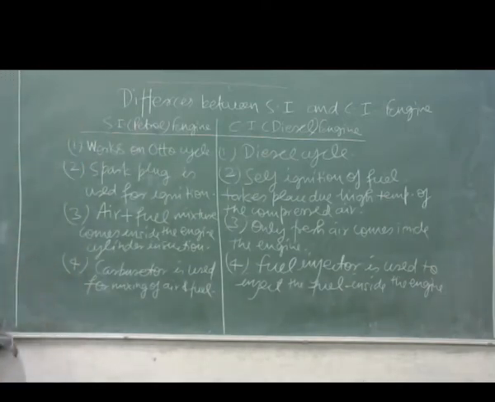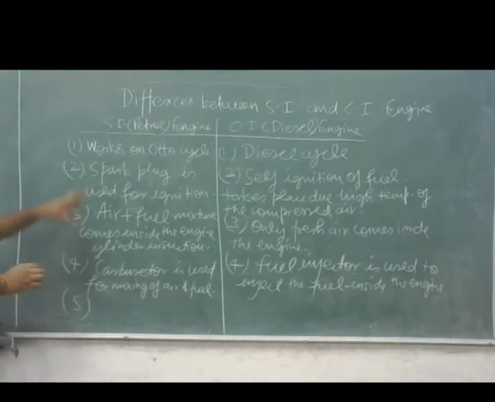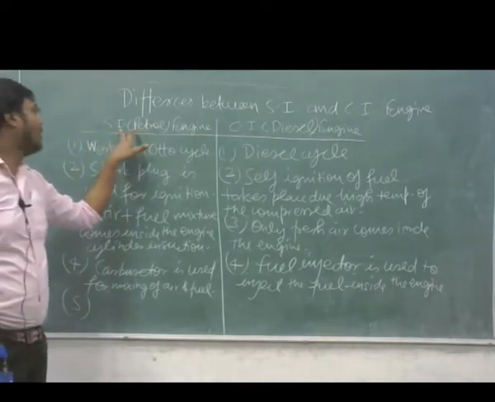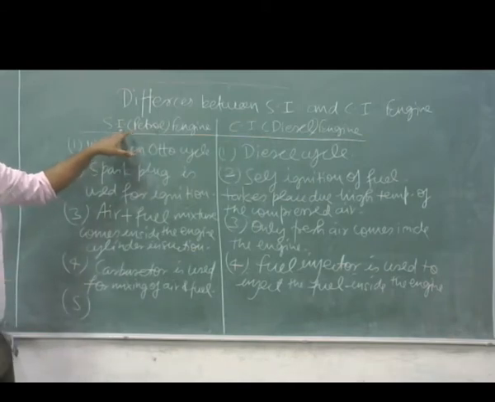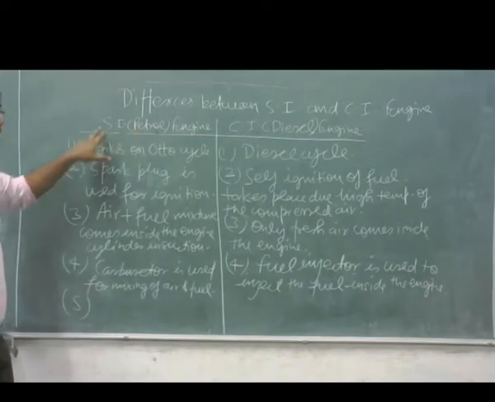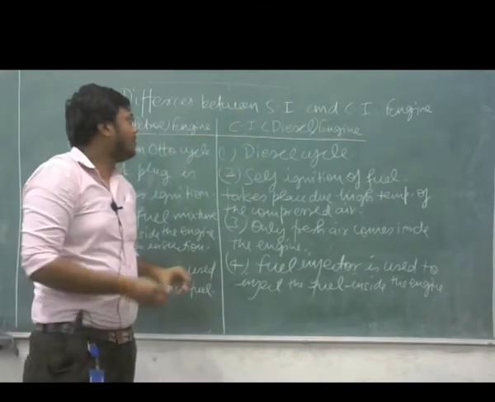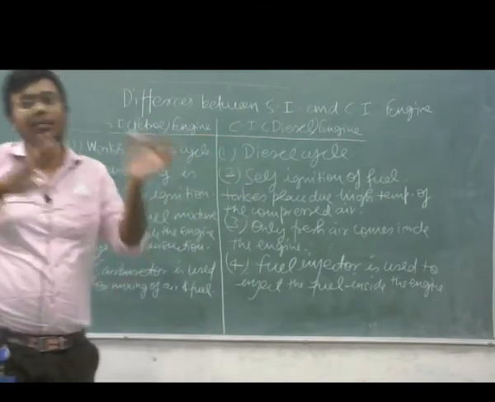Another difference you can write here. In SI engine, as I said in the earlier class, the combustion of fuel takes place due to the sparking action of the spark plug. But in CI engine, the combustion of fuel takes place due to the temperature of highly compressed air.